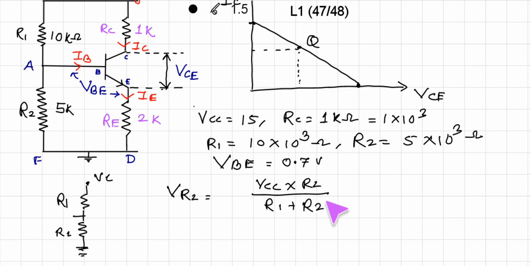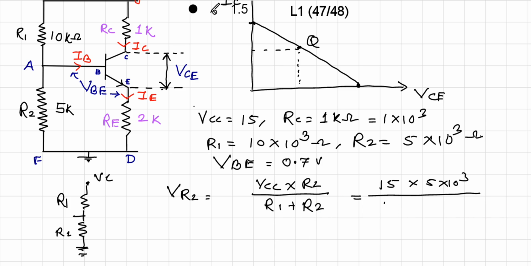So here it is VR2 is equal to VCC into R2 upon R1 plus R2, and we know the values. VCC is given, that is 15, into value of R2, that is 5 kilo ohm, that is 5 into 10 raised to 3, divided by, here it is R1 and R2.